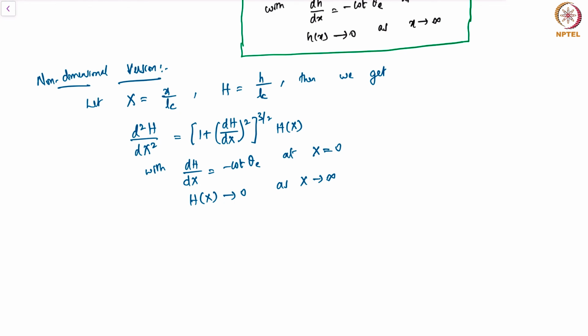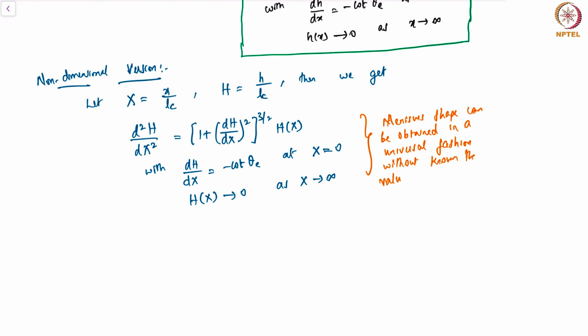This essentially says that the meniscus shape can be obtained in a universal fashion without knowing the value of the capillary length.